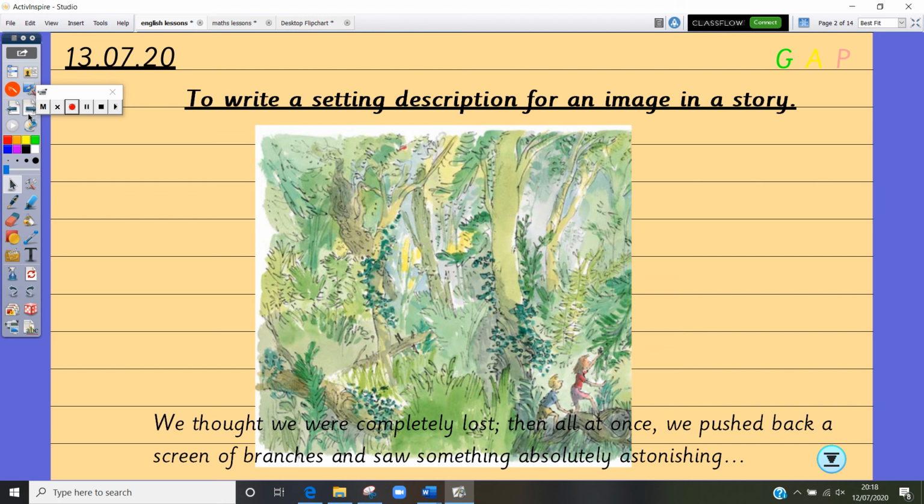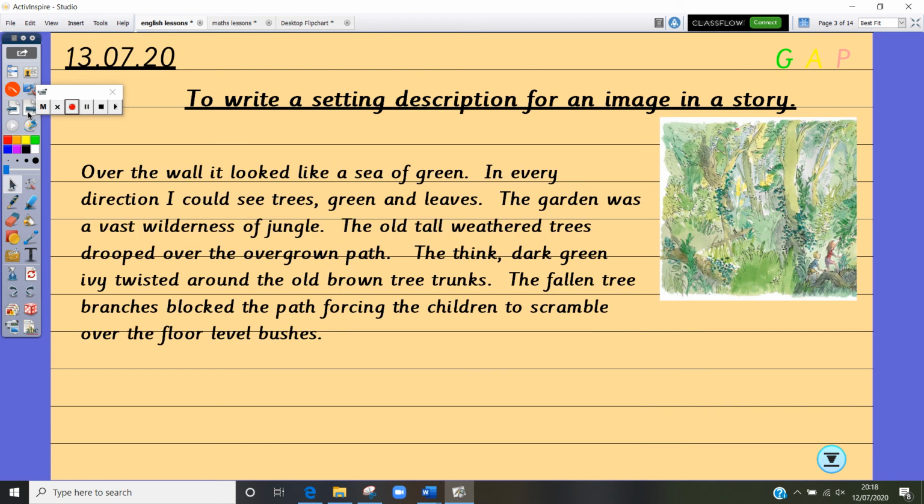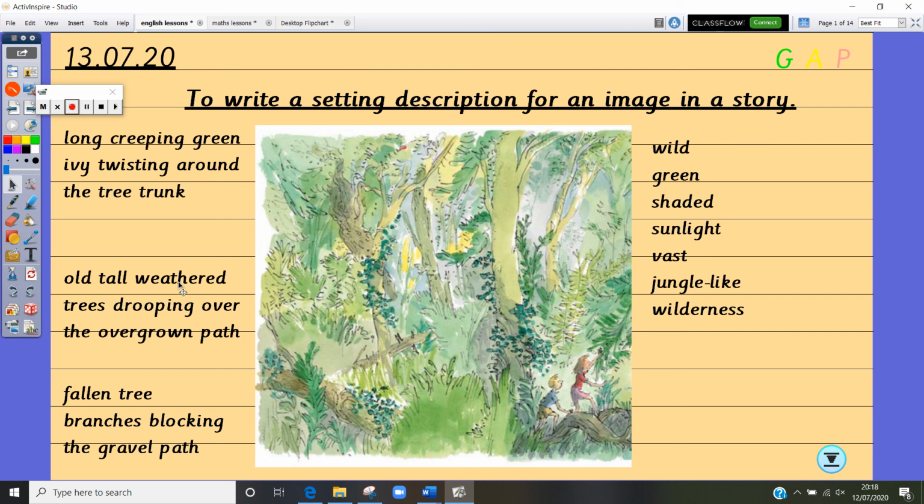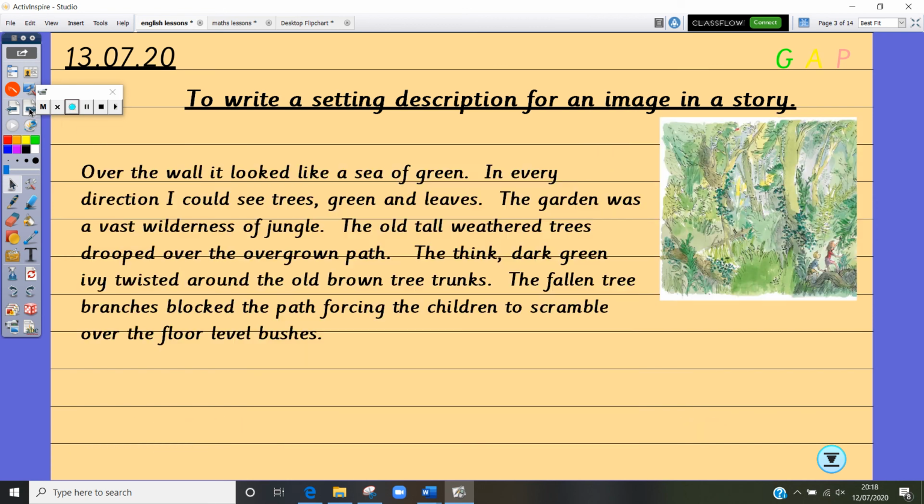Let's have a look at the setting description that I have come up with. Remember all of these describing words. You can go back to the video and use these. I'm sure by now you will have come up with all of your own ideas, and they'll be much better than mine, because usually you share all your brilliant ideas with me. So I've put: Over the wall, it looked like a sea of green. In every direction, I could see trees, green, and leaves.